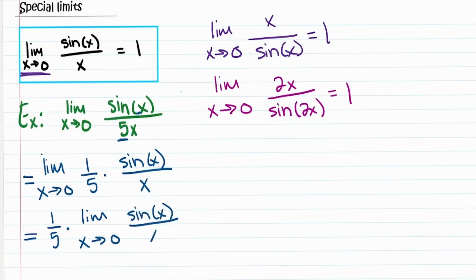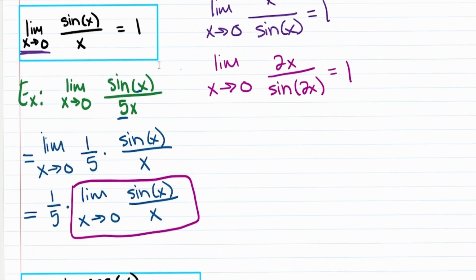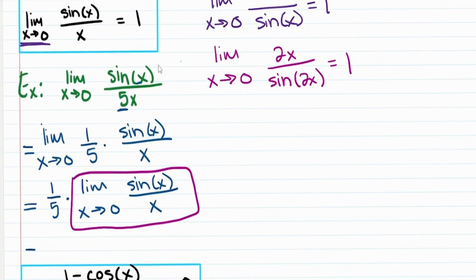Now we have the format we need to apply our special limit. The limit as x approaches 0 of sine x over x is always equal to 1. So what we can do is substitute that in. We have 1/5 times 1, which means our final answer is 1/5.